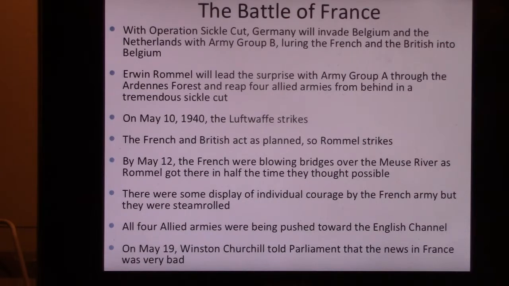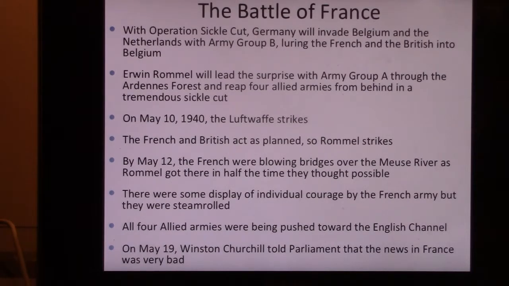And the battle for France, if you've seen the movie Dunkirk, here it is known as Operation Sickle Cut. It was an audacious plan, part of it dreamt up by Erwin Rommel, and the speed and the audacity of it goes right to Hitler's crazed mania psyche.